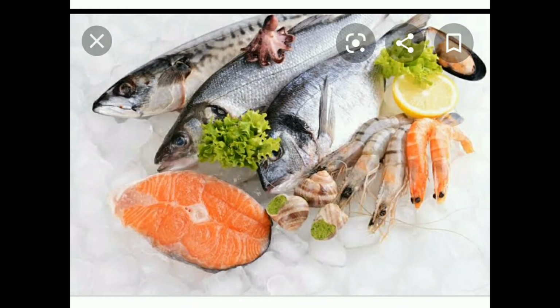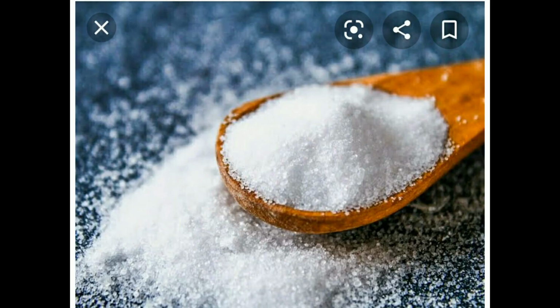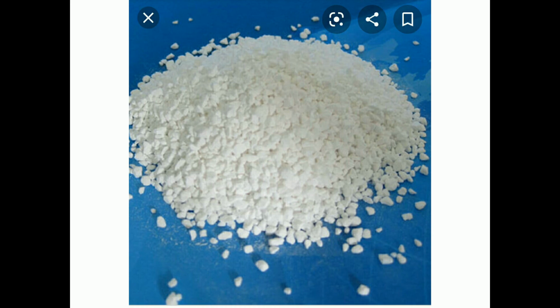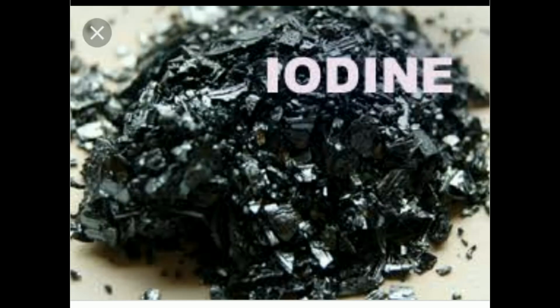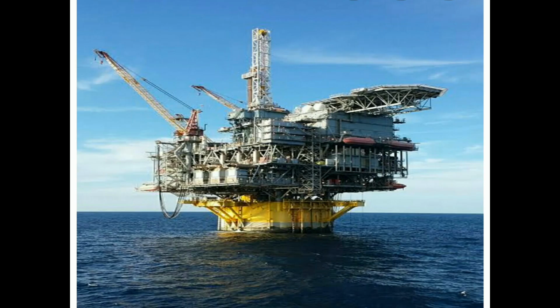So, we get fish, that is seafood, from the oceans. We get salt. Without that, we can't eat. Sand and gravel for construction purposes. Chlorine, fluorine, iodine. These are the minerals which are mined out of the ocean floor. Petroleum, which we are extracting nowadays.